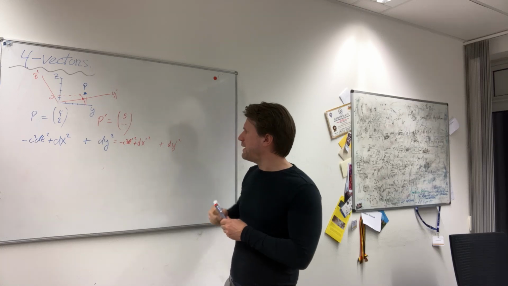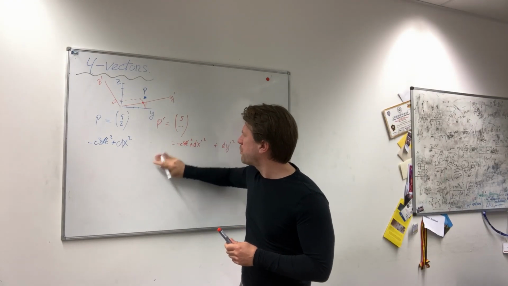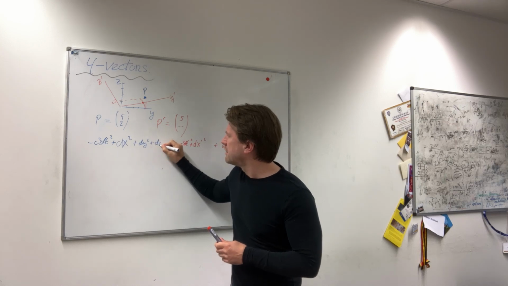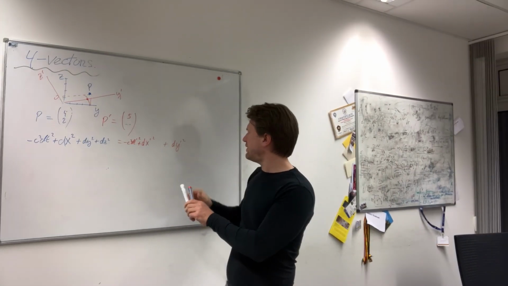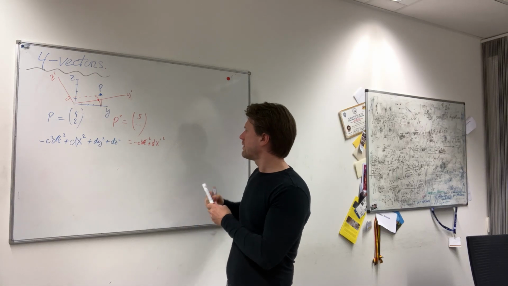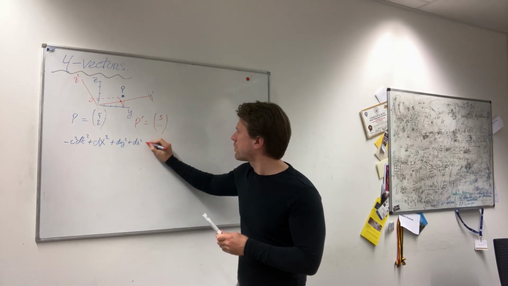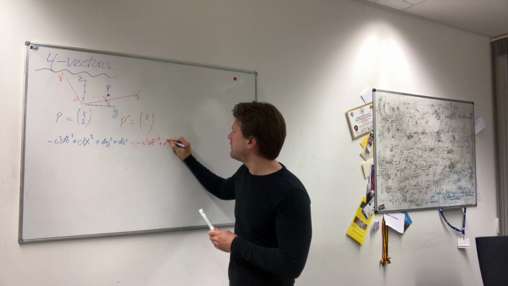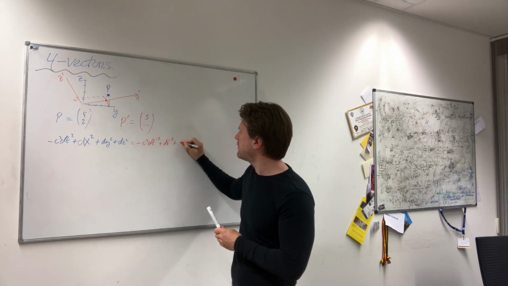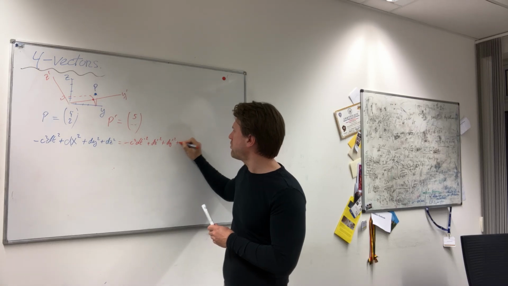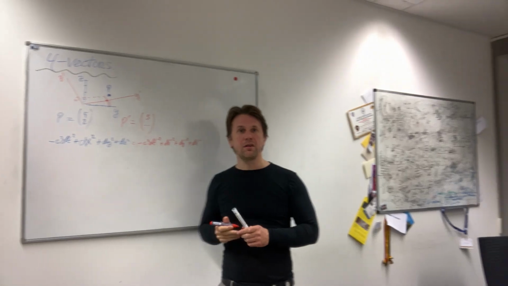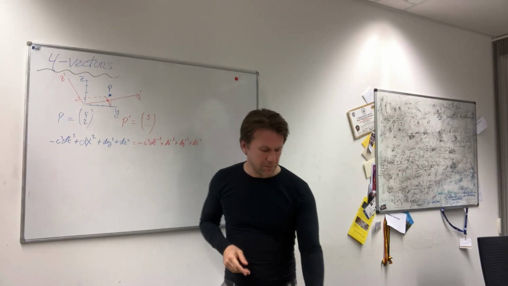And for full completeness, to make it four-dimensional, I should also add the z distance on both sides. Let me clean up a little here. Minus c dt prime squared plus dx prime squared plus dy prime squared plus dz prime squared. This combination is always the same.